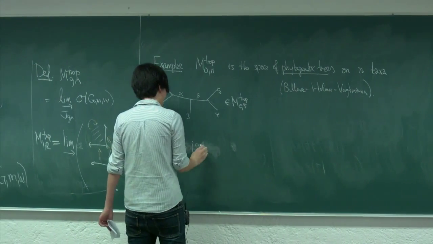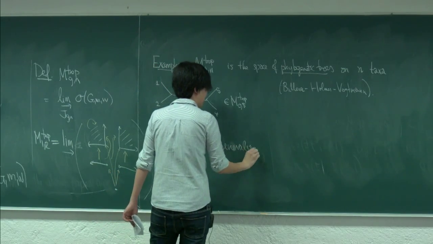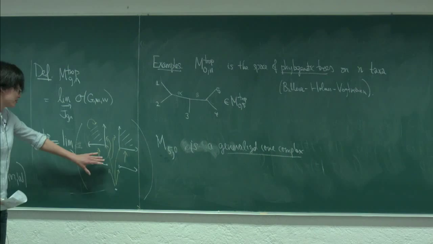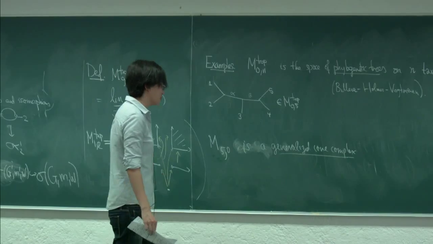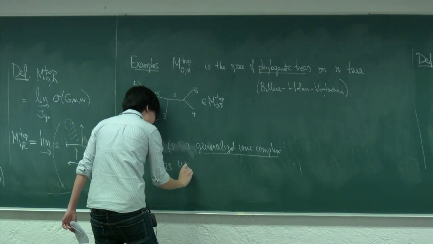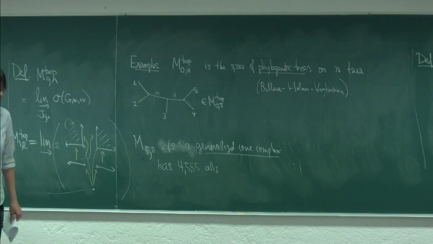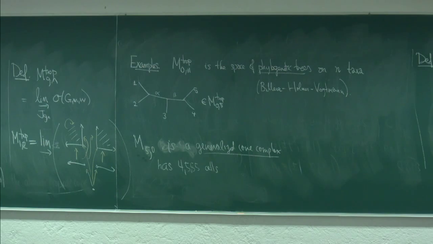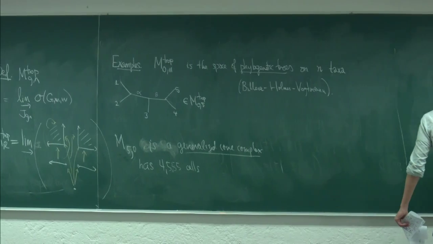And this is a generalized cone complex, as all of these spaces are, which basically just means they are obtained by gluing cones along faces. And it has 4,555 cells. So if you want to look at those cells, you can download them from my website. And in general, there's software you can use to compute these things. So I can talk to anyone who's interested about computational aspects.